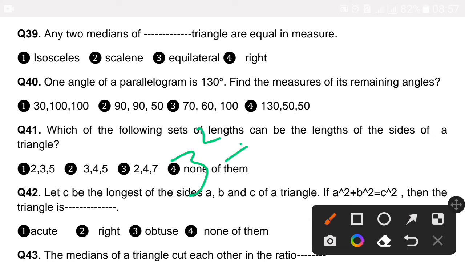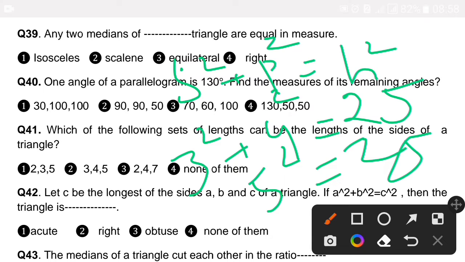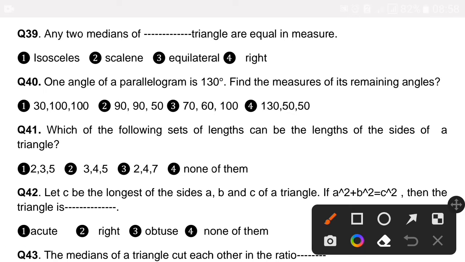So 3 squared plus 4 squared is 9 plus 16, which is 25, and 5 squared is also 25, so 25 is equal to 25. That is, we have proved that base squared plus perpendicular squared is equal to hypotenuse squared. So these lengths satisfy that they are the sides of a right triangle. So the second option is the right option, and they are the required lengths of the sides of the triangle.